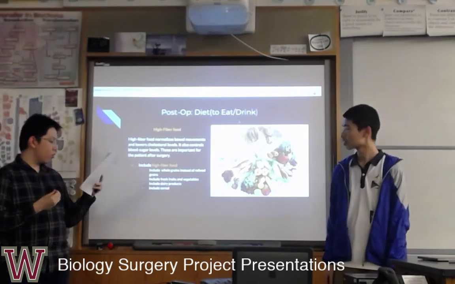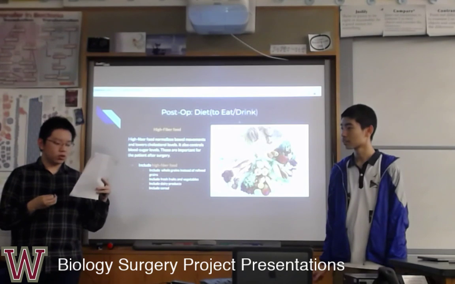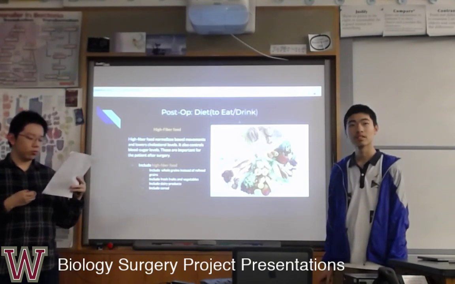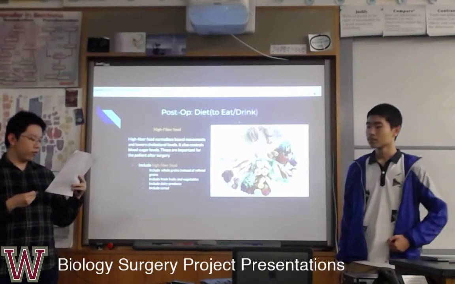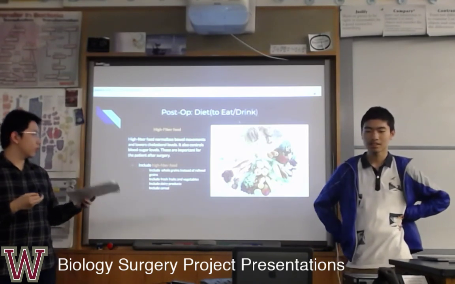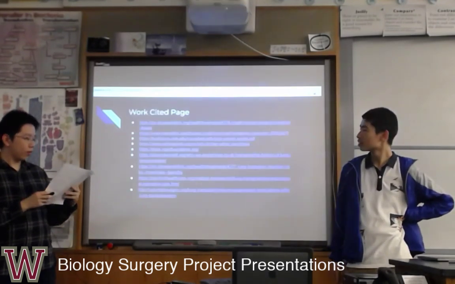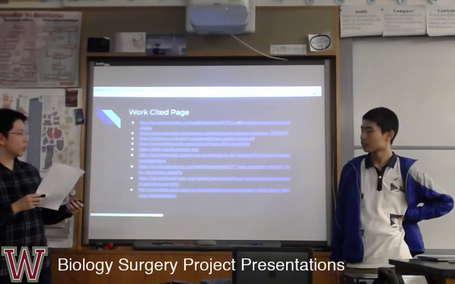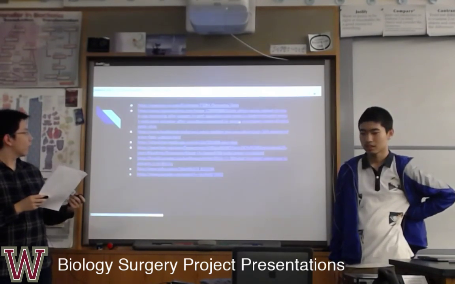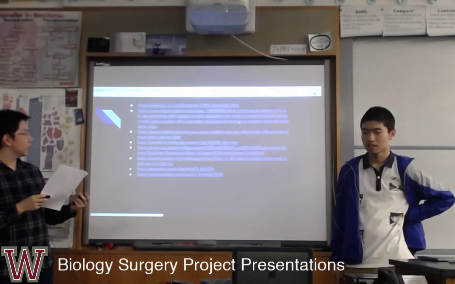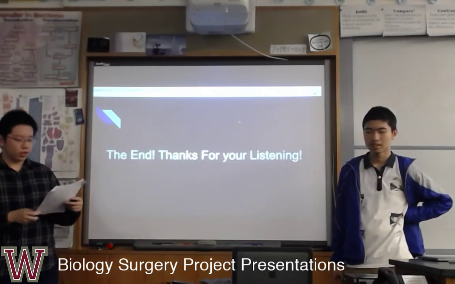And also the whole grains. This would include corn, oatmeal, and other grains, and fruits, vegetables, and cereals. So here's our word cited page and picture cited page, and that's the answer for listening.